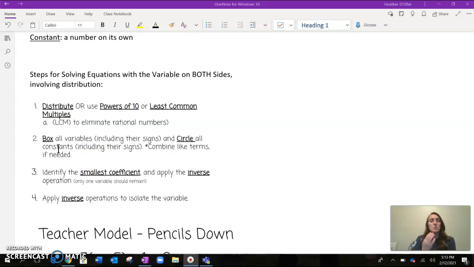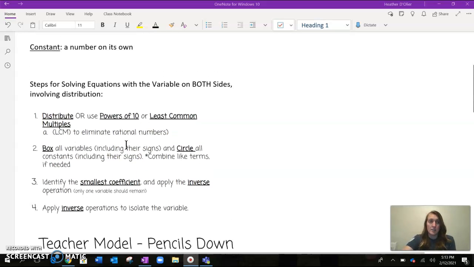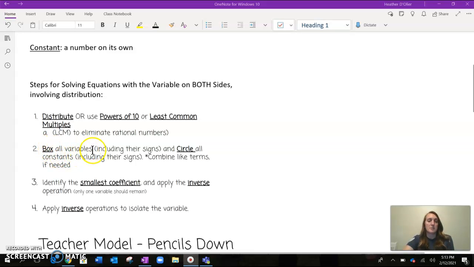So first, we want to distribute or use powers of 10 or least common multiples to eliminate the rational numbers to simplify it in the beginning. Once we've either gotten rid of the decimals, gotten rid of the fractions, or completely distributed, then we box all our variables, including their signs, circle all constants, including their signs, and then, if it's necessary, combine those like terms.